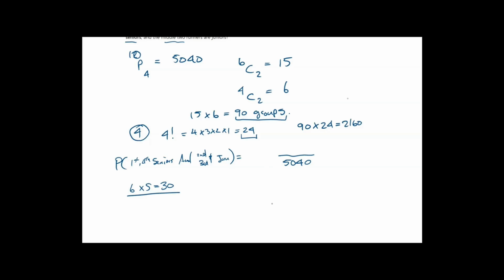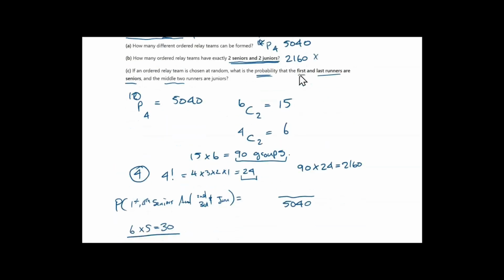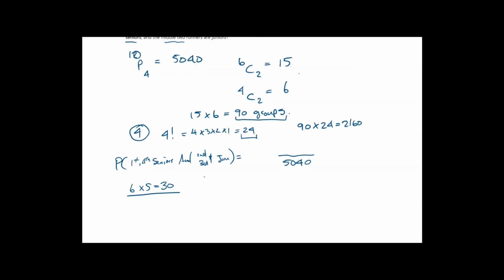Okay. For the juniors, there are only 4 juniors. So when we come to choose the second runner, there are 4 to choose from. And then when we come to choose the third runner, there are only 3 to choose from. So that's going to be 12.